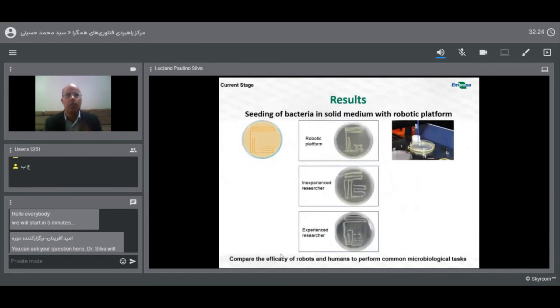And in this way, these results are related, in some instances, to seeding of bacteria in solid medium using robotic platforms in order to compare the efficacy of these strategies when performing microbiological processes, comparing robots with humans performing common microbiological tasks.